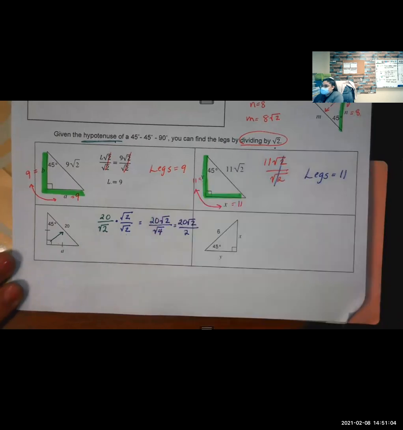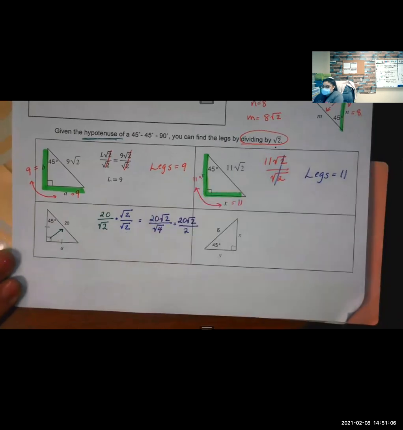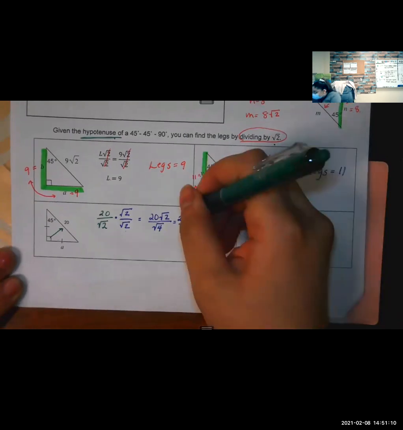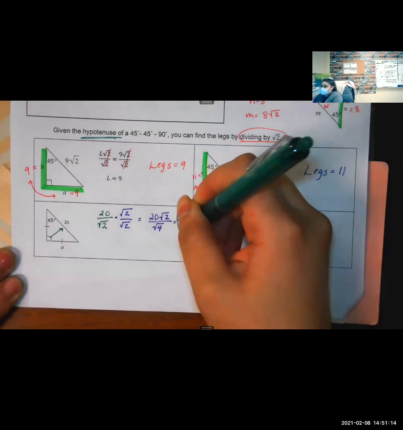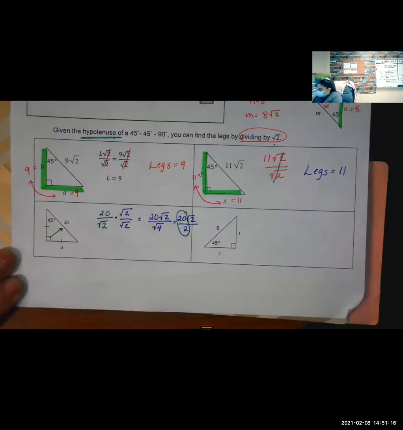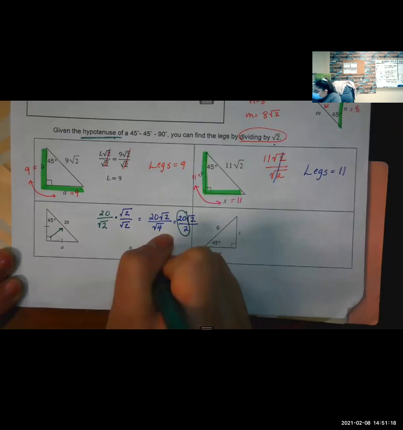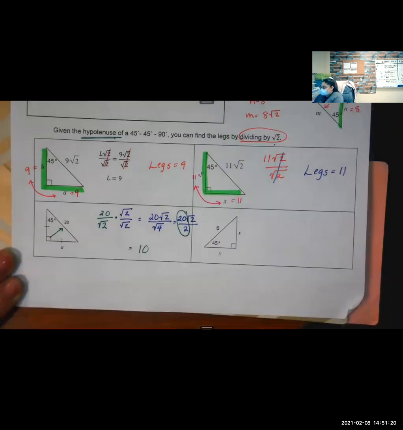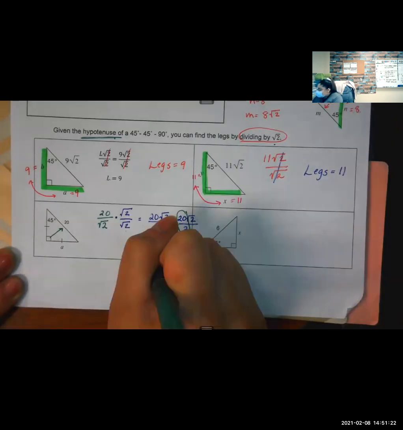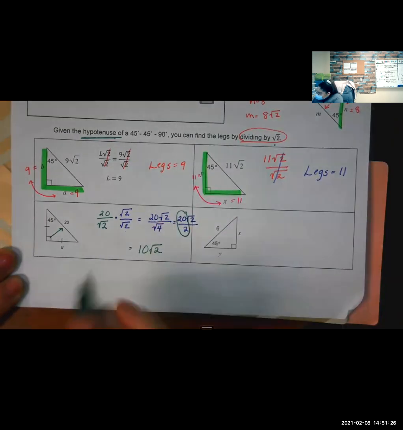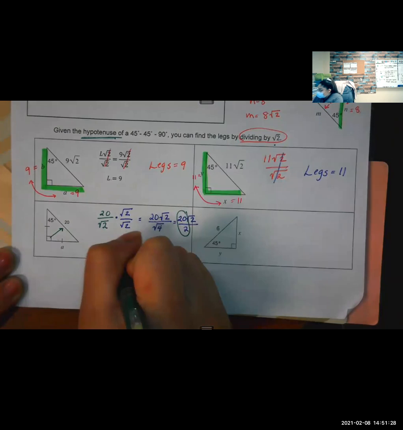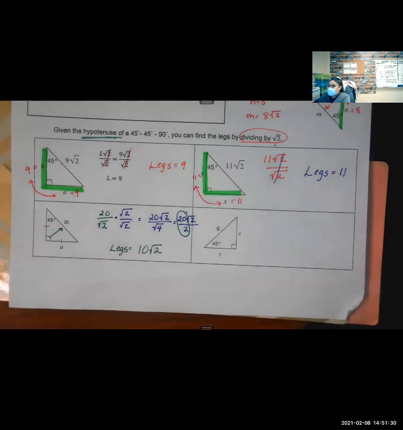I agree. Now, what we need to do is simplify our fraction. 20 divided by 2 is equal to 10. And again, since we couldn't simplify the square root of 2, that stays the same. So the legs in this triangle measure 10 with the square root of 2.